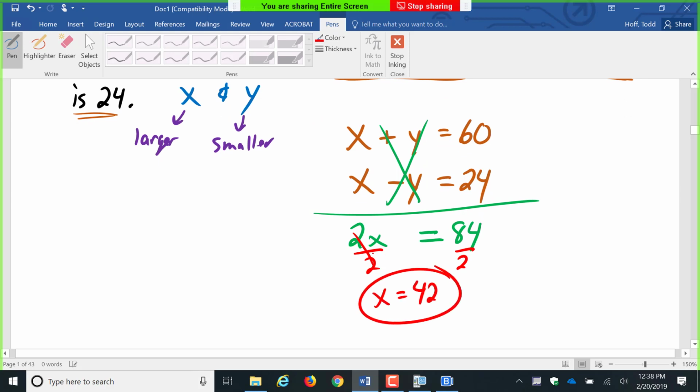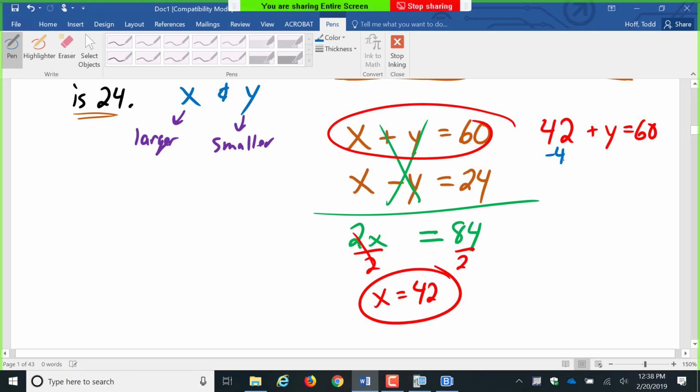Now we can go back to either of the other equations to find y. I'm going to go to the top one, replace x with 42. 42 plus y equals 60. And now we'll solve for y. We're going to subtract the 42 to get y equals 18.